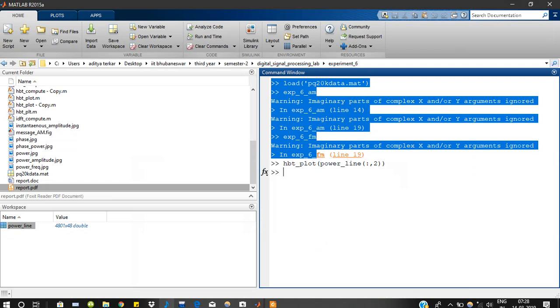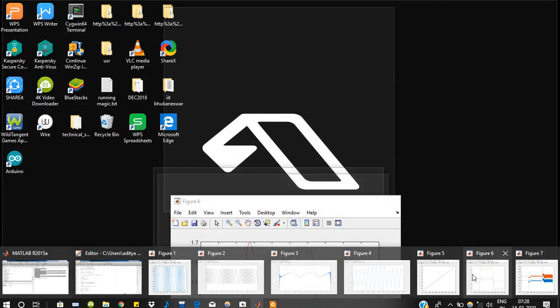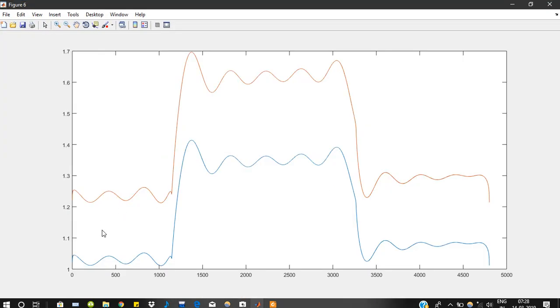In my case I have computed instantaneous phase and amplitude. I'll show all these plots one by one. This plot is of instantaneous amplitude. As you can see, there is a sudden increase in amplitude, which is seen as the swell in the signal, and then the fall in the signal is the slack.